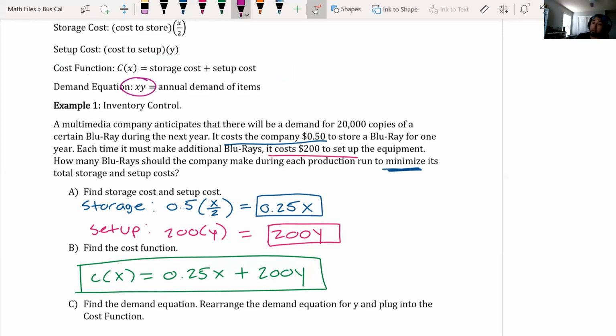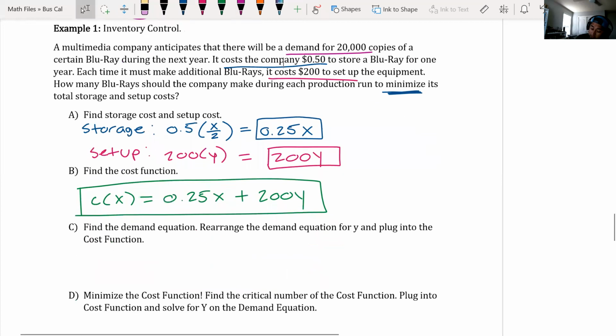Demand is given by X times Y. And in this problem, the very first sentence says there will be a demand for 20,000 copies, which means I have my demand equation of X times Y equal to 20,000.